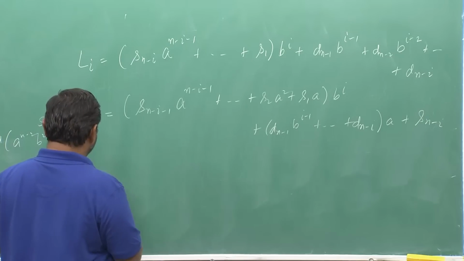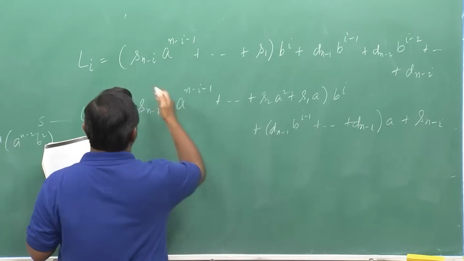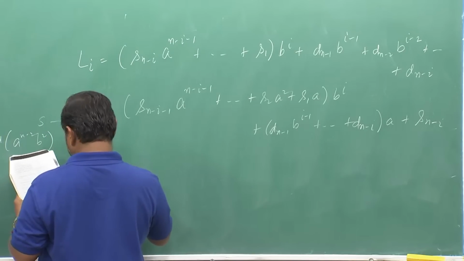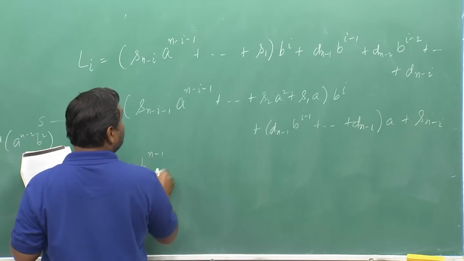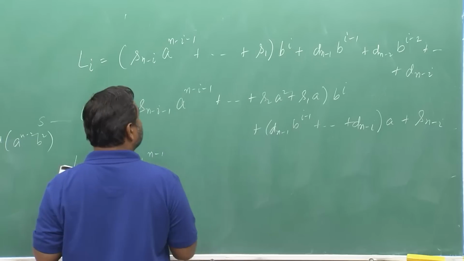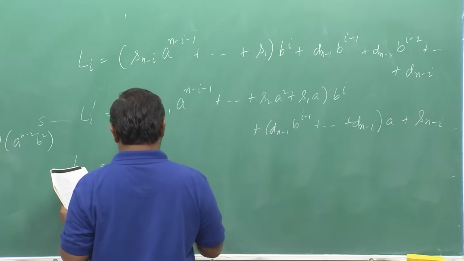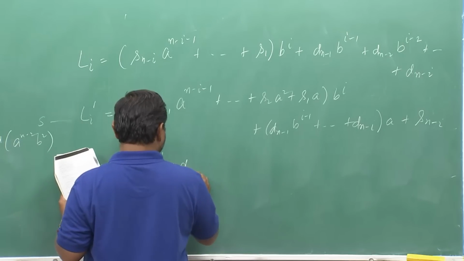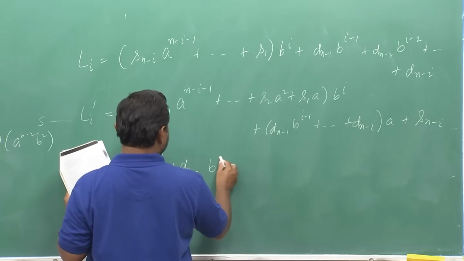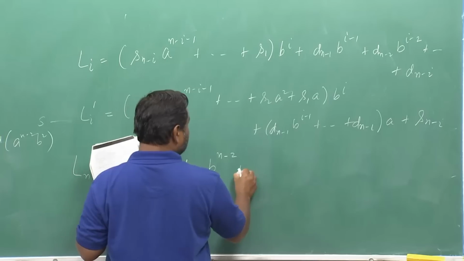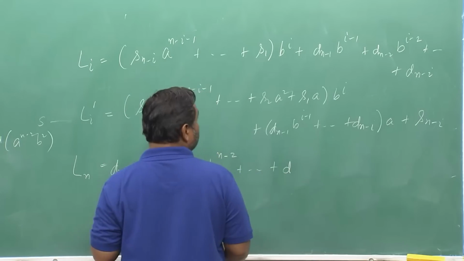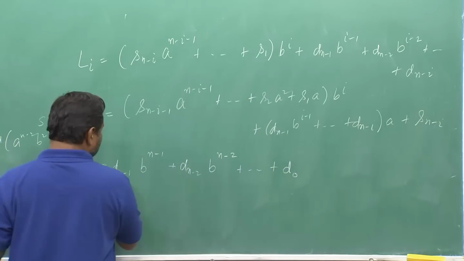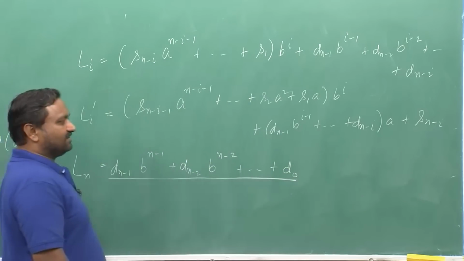So Ln will now be given as, all these terms will vanish and you will end up with d of n minus 1 b raised power n minus 1, when I becomes equal to n, plus d of n minus 2 b raised power n minus 2 and so on, plus d of n minus n, which will be d0. Now you can clearly see this number is nothing but the output address.